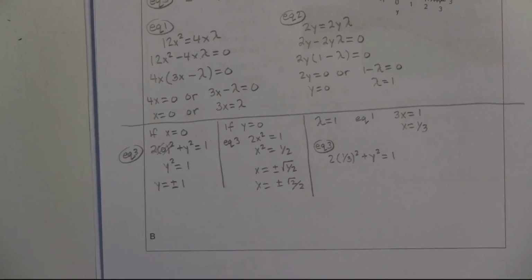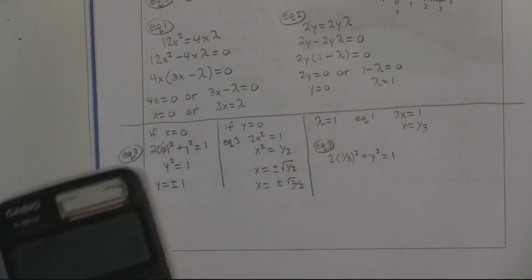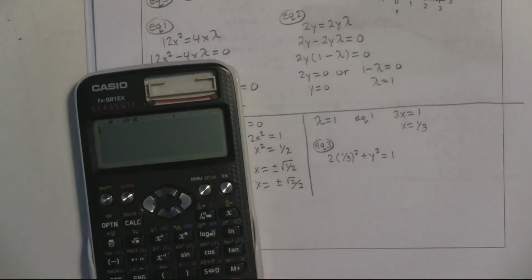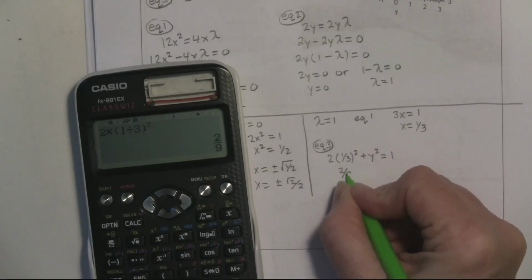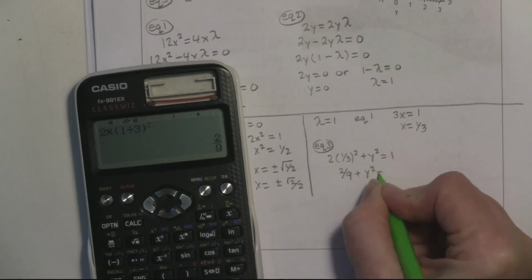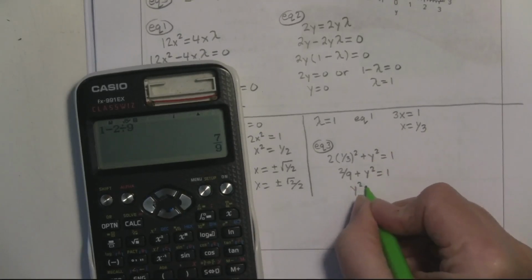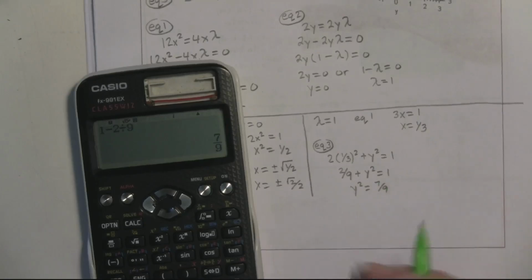And then I'm putting that in equation 3, trying to find my y value. So this is 2 times 1 divided by 3 squared, so this is 2/9 plus y squared equals 1. So this is 1 minus 2/9, so that's y squared equals 7/9.